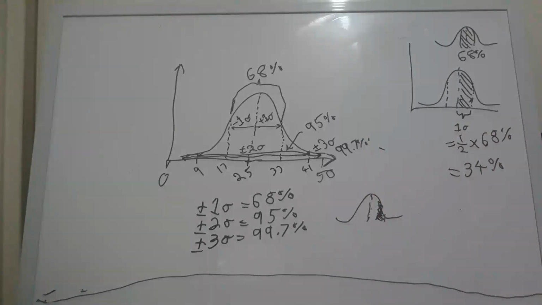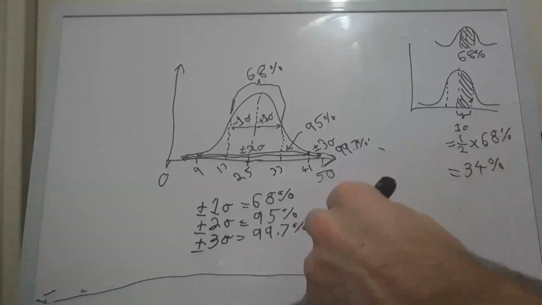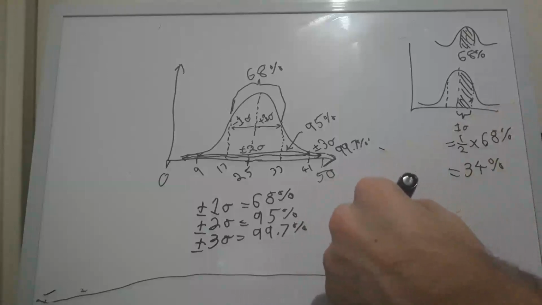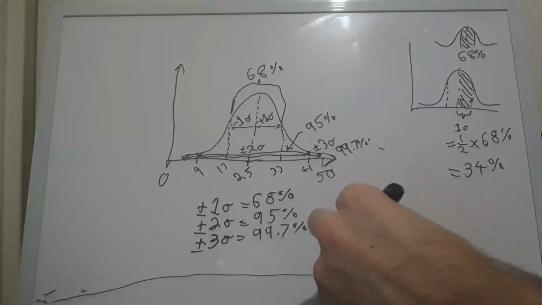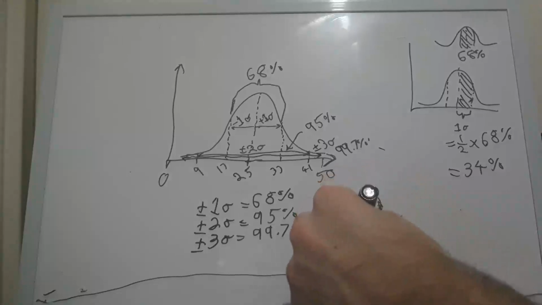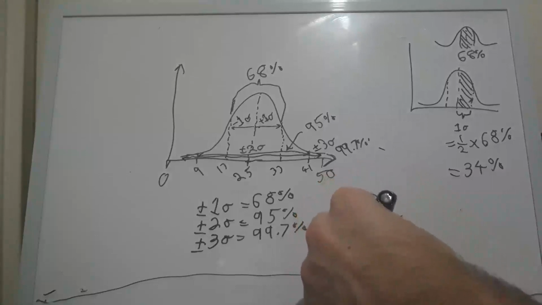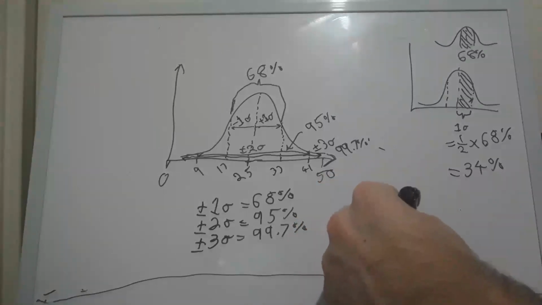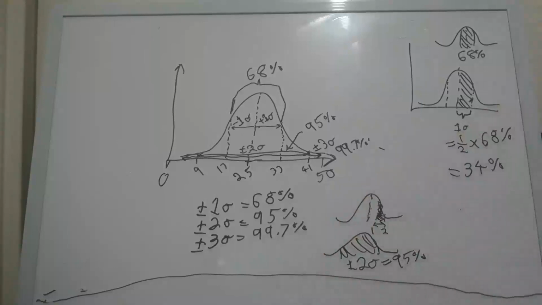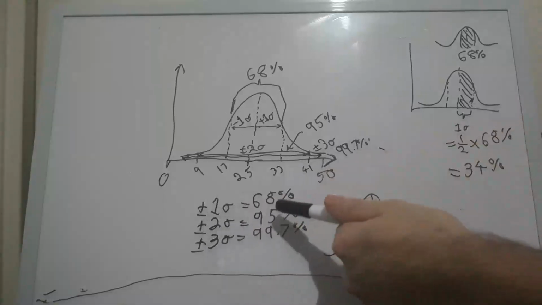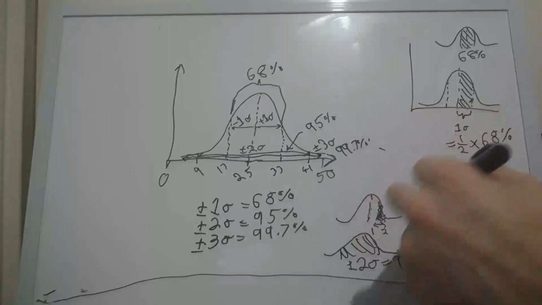A little bit more tricky. So this is between 1 and 2 standard deviations. Now we know that plus or minus 2 standard deviations is 95%. We also know that plus or minus the first standard deviation is 68%.